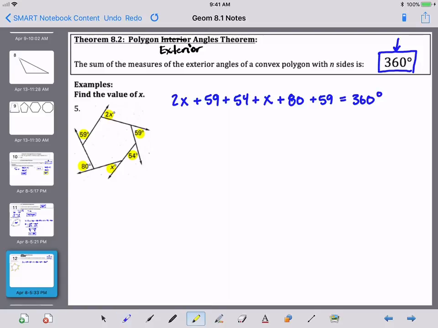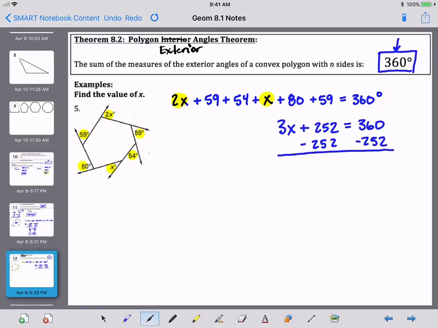Again, we can combine like terms. Notice I have 2x plus x, so that will give me 3x. And if you add those 4 constants, those will give you 252, and that equals 360. So again, we can solve this. Let's take 252 and subtract it from both sides.